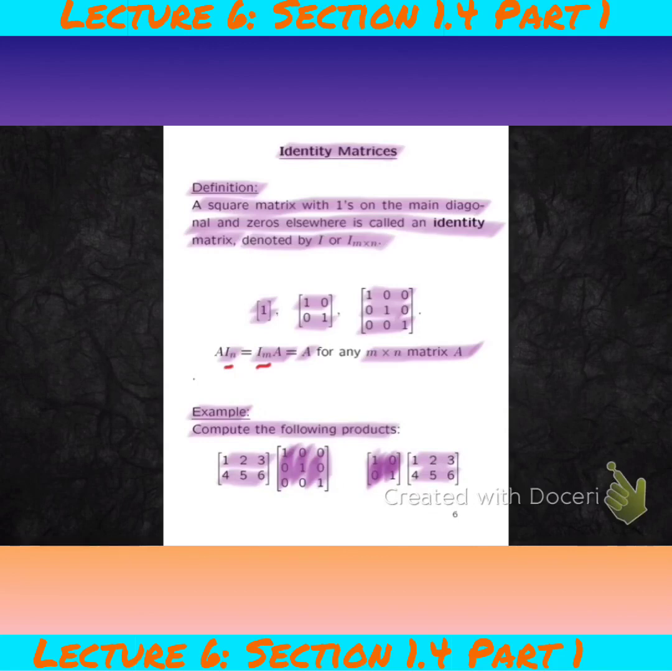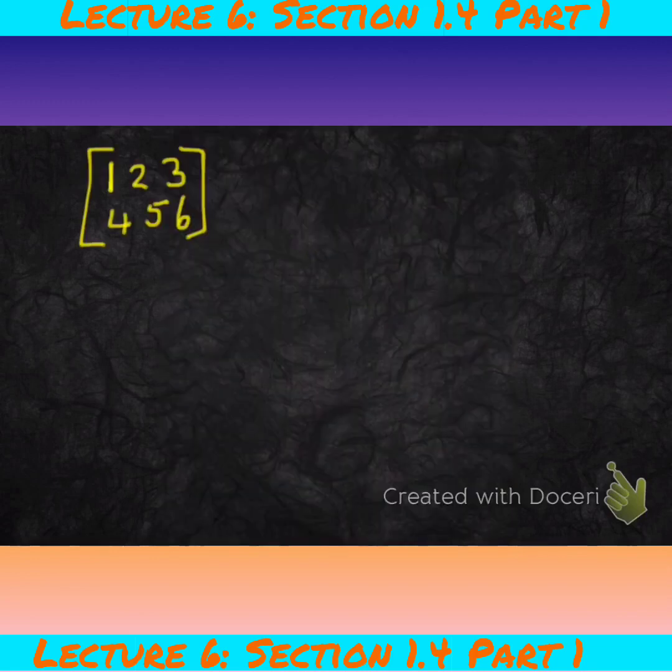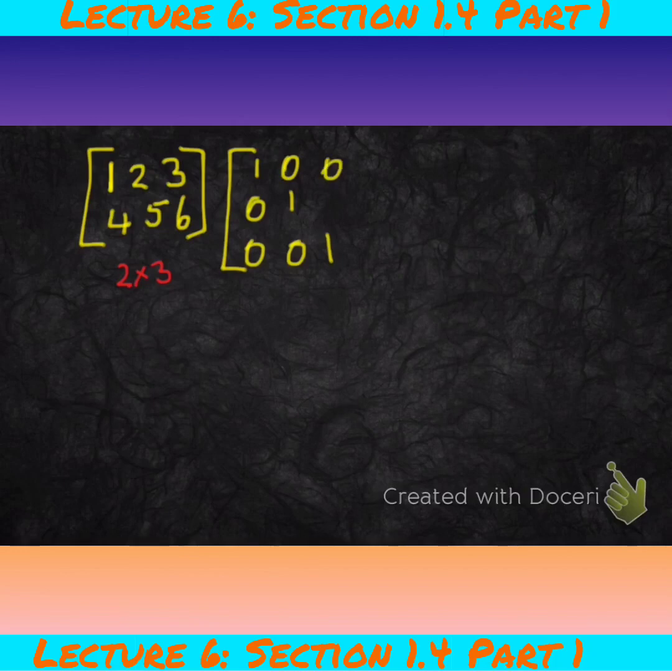My multiplication still has to be valid, so I have to adjust the number of columns and rows of I. There's a 2 by 3, and I need to multiply that with a 3 by 3 square matrix with ones on the diagonal and zeros everywhere else. That is going to be a 3 by 3, and multiplying gives a 2 by 3.